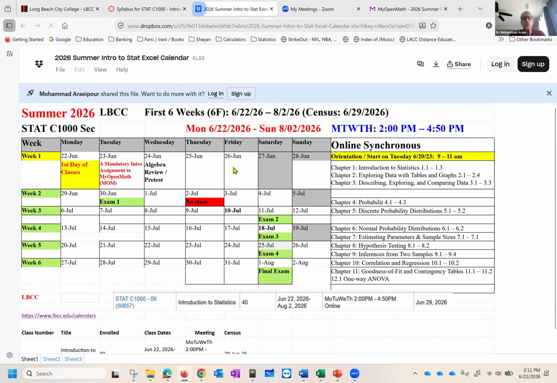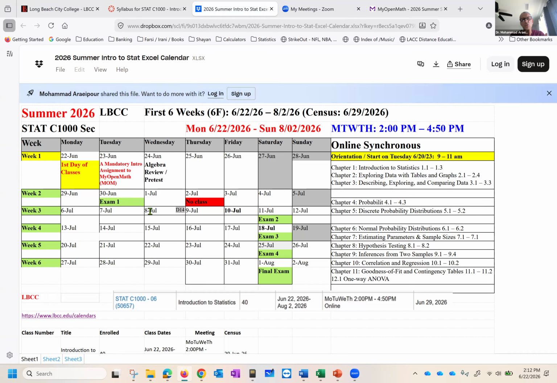So roughly every week we have an exam. There are 6 weeks, about a week and a half for the first one and the second one. And every homework is due the day before each exam.